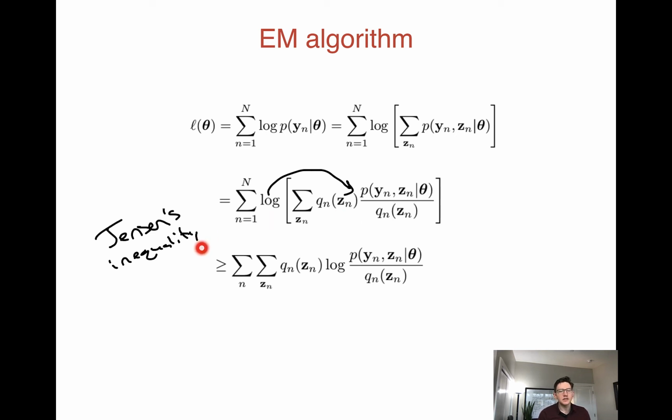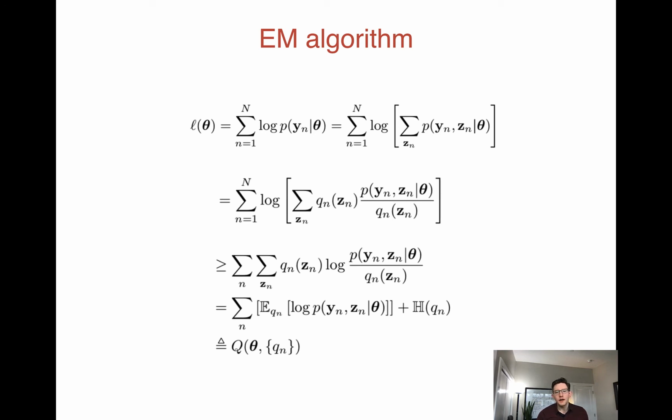But because of Jensen's inequality, it turns out that this thing is less than or equal to this thing. So we get a less than or equal sign here. Now we end up with the two sums on the outside, and we end up with this expression on the inside: Q_n of Z_n times log of this ratio.